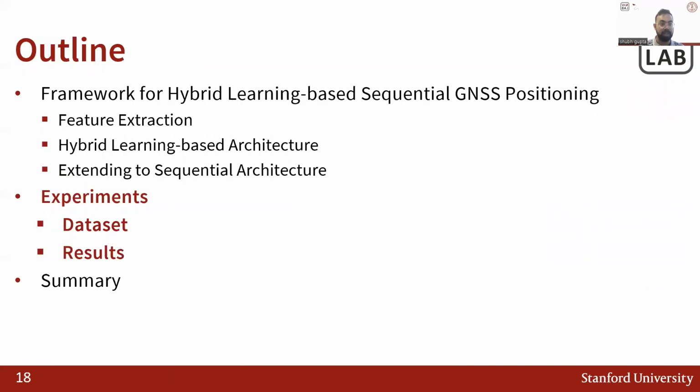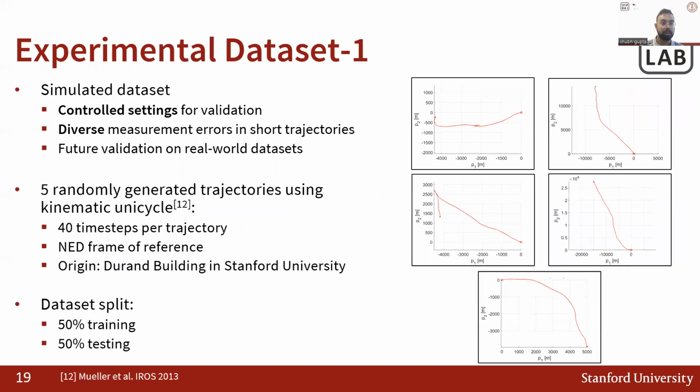Now I'll move on to the experiments. Our experimental data set consists of a simulated data set, which is used for being able to provide control settings for the initial validation of our approach. We use a simulated data set because it lets us generate diverse measurement errors in relatively short trajectories, which is difficult to obtain in the real world.